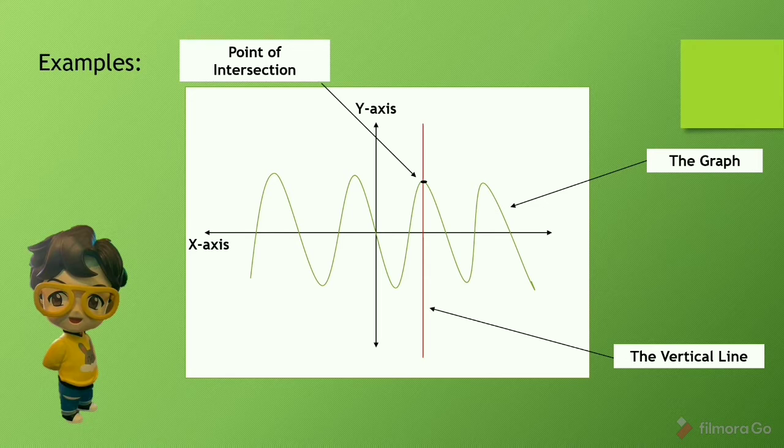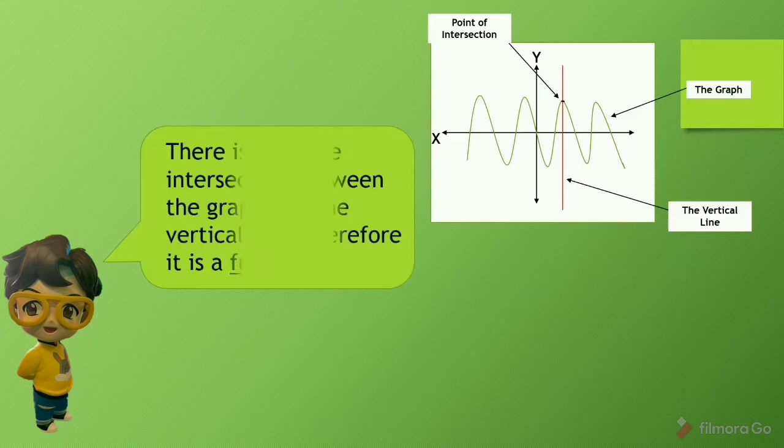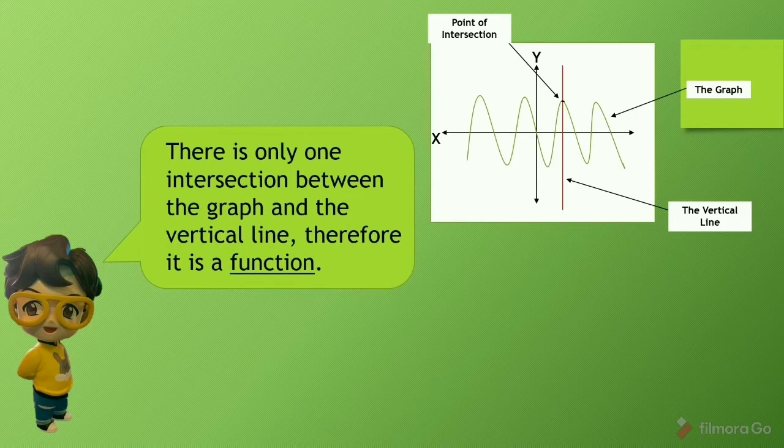As you can see, there's only one point of intersection, so it satisfies the condition in the vertical line test. Therefore, this graph is a function because there's only one intersection between the graph and the vertical line.